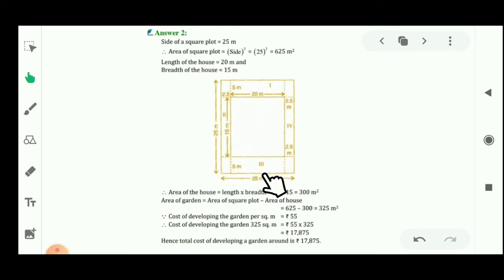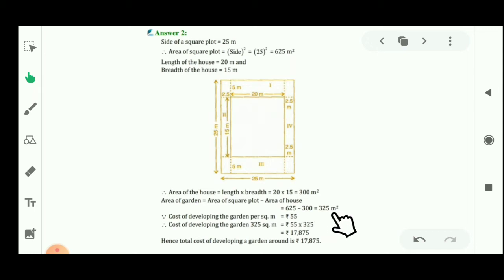And between the plot and the house, you can see this is the garden's area. So now we have to subtract the area of the house from the area of the square plot, then we can find the area of the garden. So we subtract 625 minus 300, that means 325 meter square.